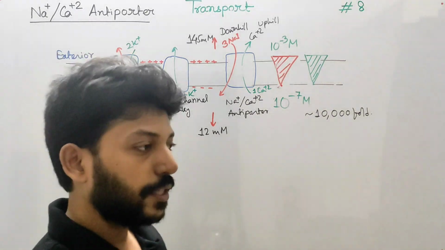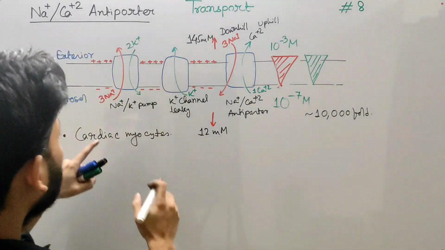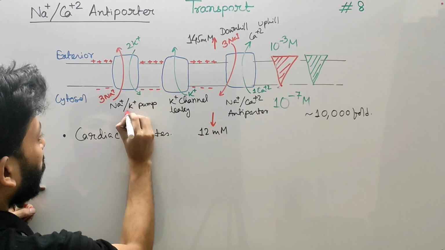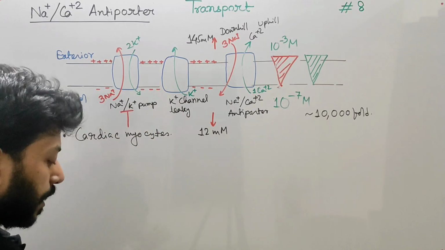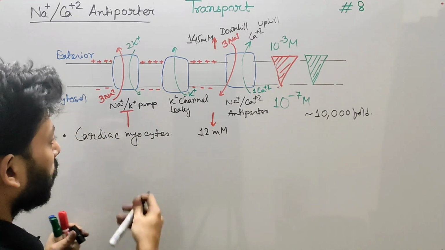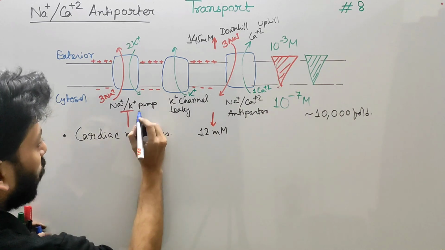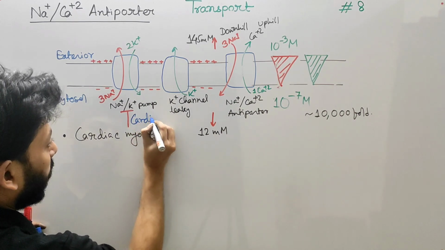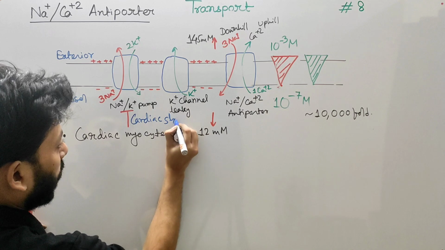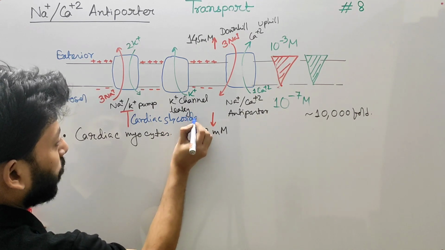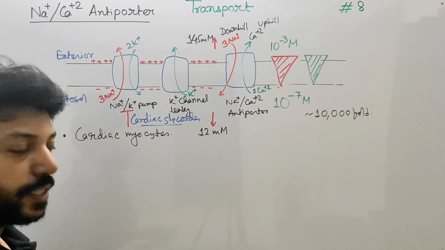Scientists have found that if we inhibit this pump by chemicals called cardiac glycosides, these chemicals are basically plant alkaloids.